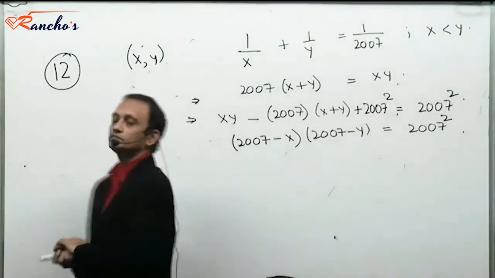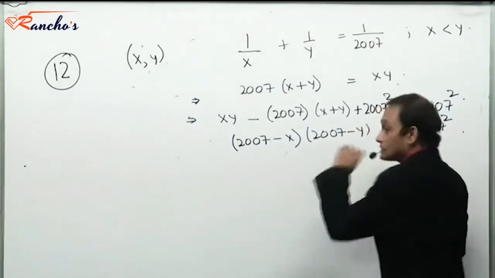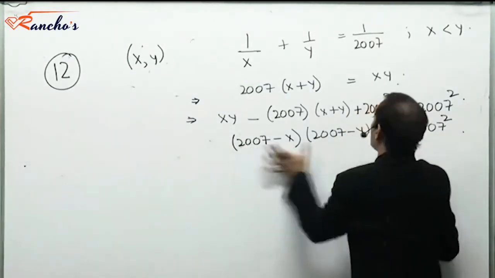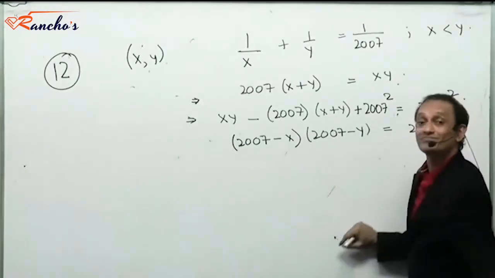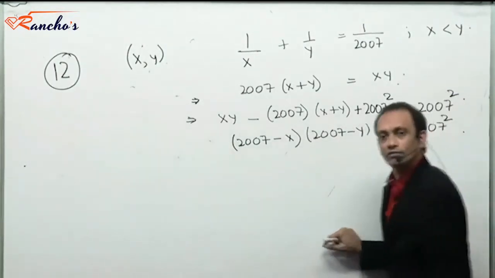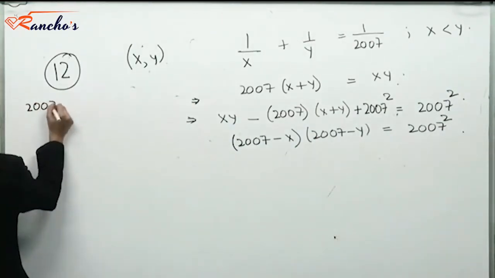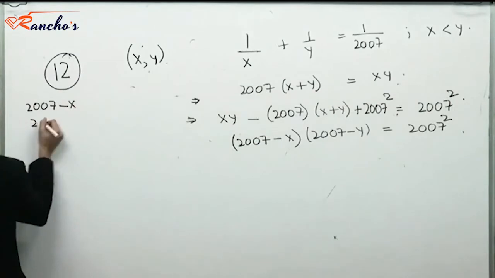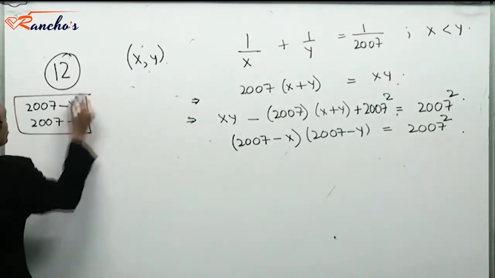Now, see, which means 2007 minus x and 2007 minus y must be divisors of 2007 squared. Yes or no? Right.